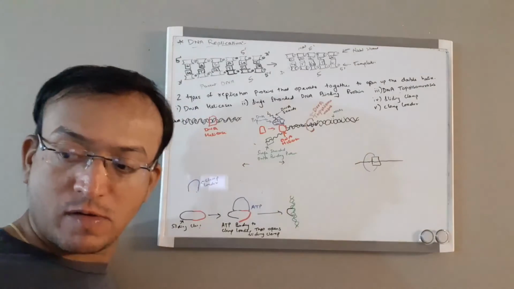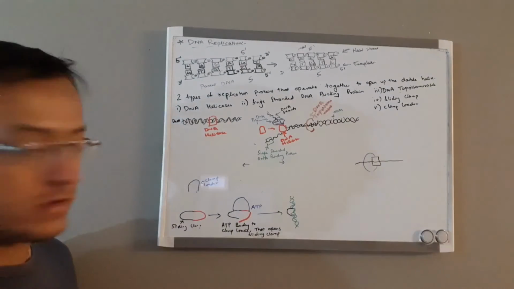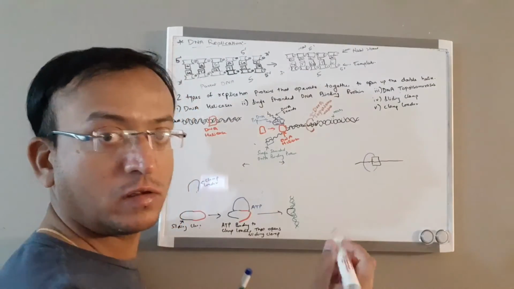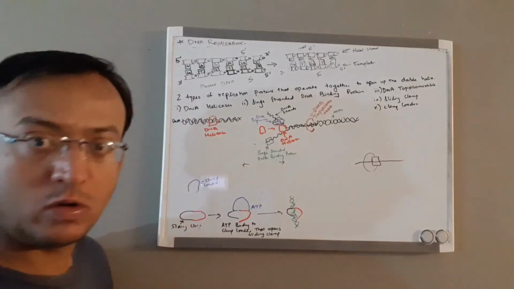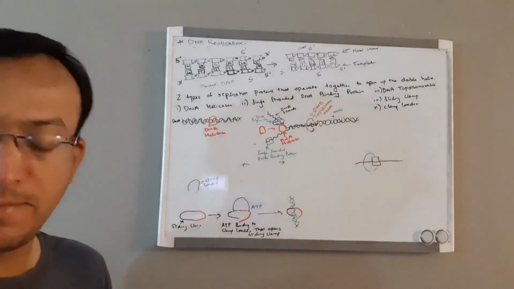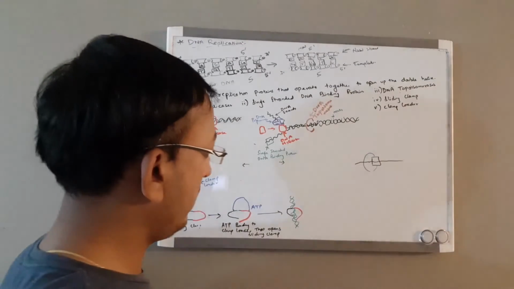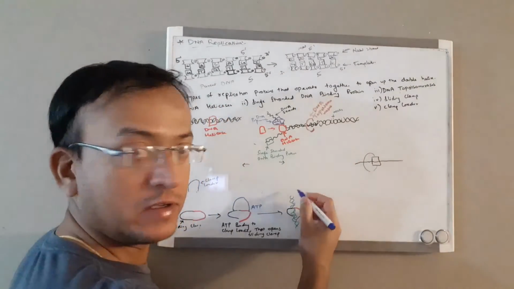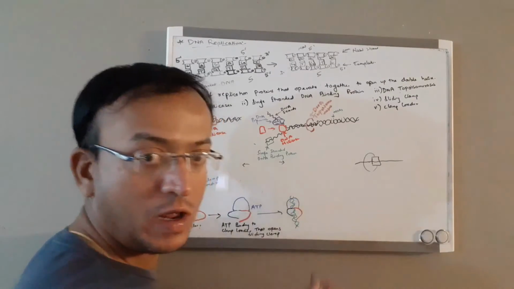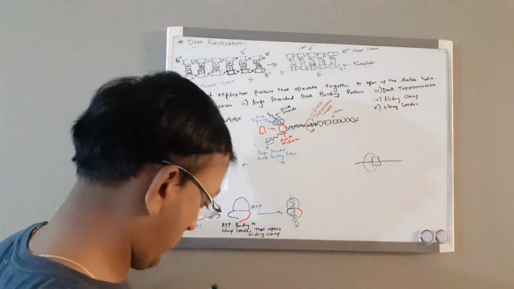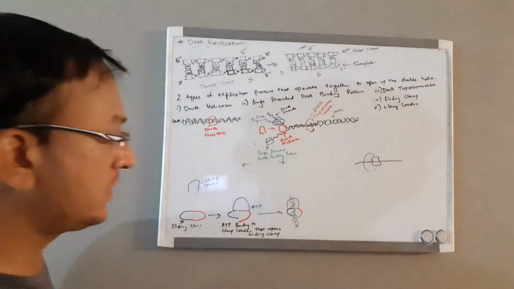This is still not closed. It is open. And the blue one, you can see this now. Now the clamp loader. So now the DNA is engaged in the clamp.